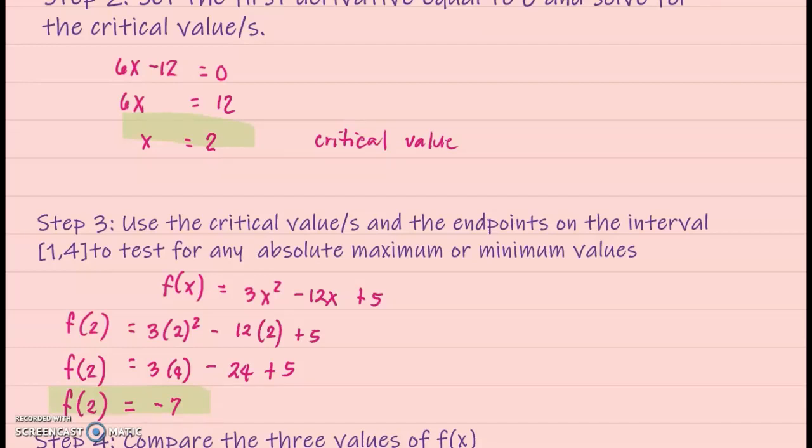Next, let's have 1. So we have here f of 1 is equal to 3 times 1 squared minus 12 times 1 plus 5. f of 1 is equal to 3 minus 12 plus 5. f of 1 is equal to negative 4.